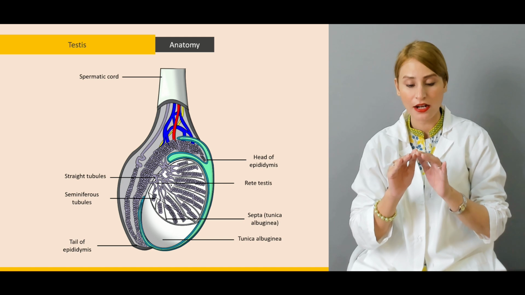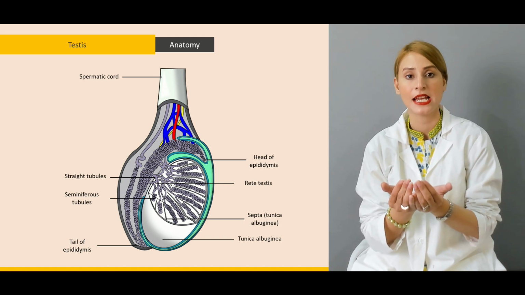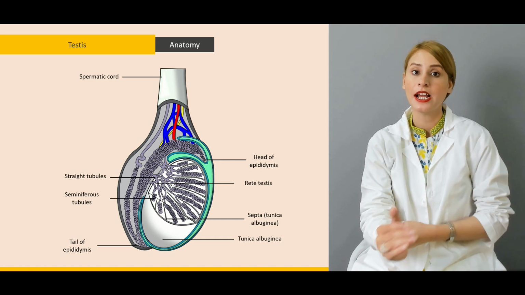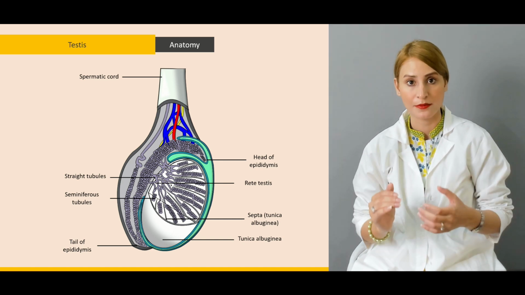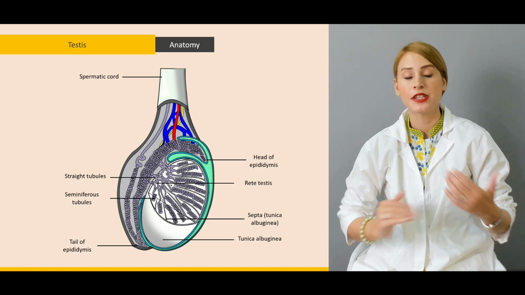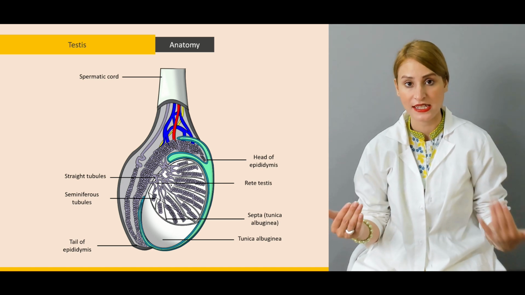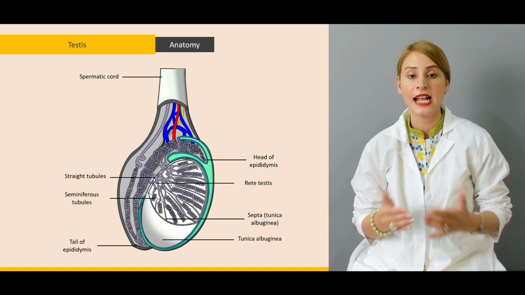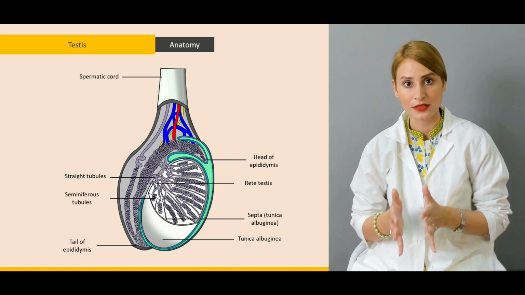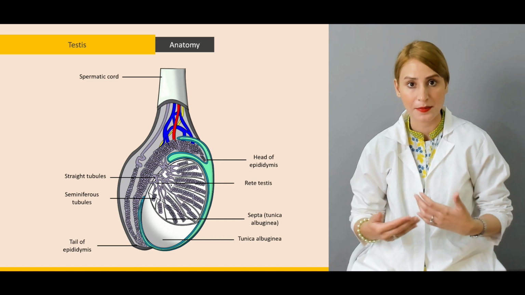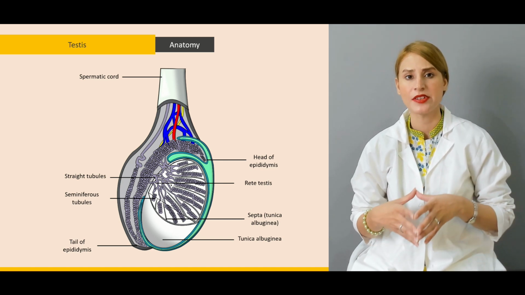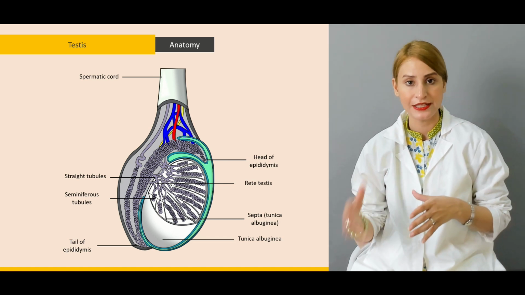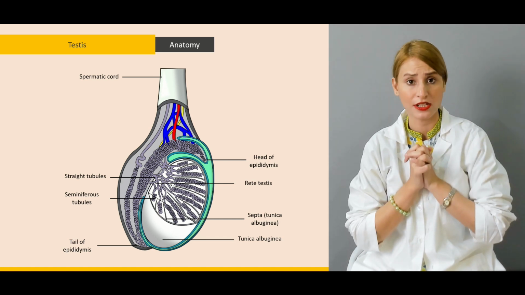They need a cooler environment, and the temperature in the scrotum is almost 1 degree Celsius lower, and for the process of spermiogenesis the testes should be in a cooler environment. That's the reason the temperature in the scrotum is less than in the rest of the body, and that's the reason for the descent of the testes from the abdominal cavity into the scrotum.